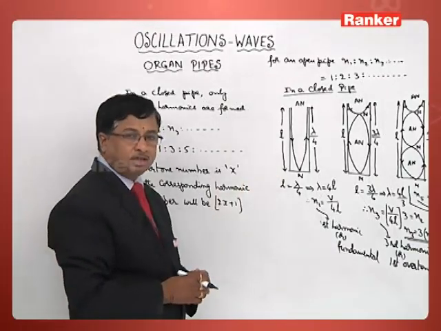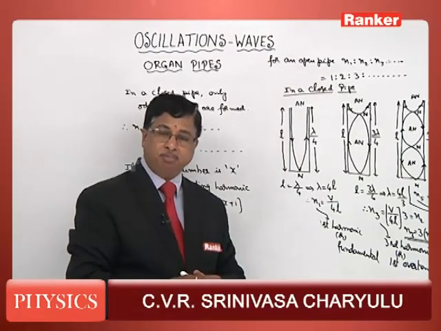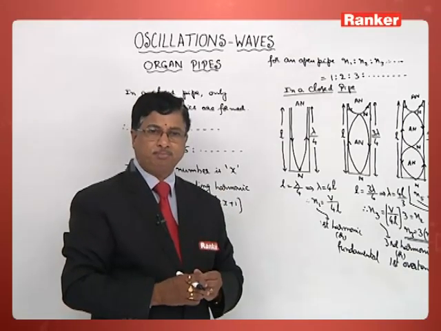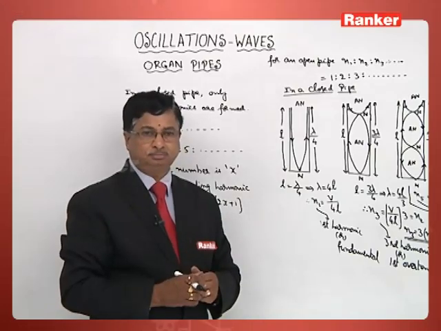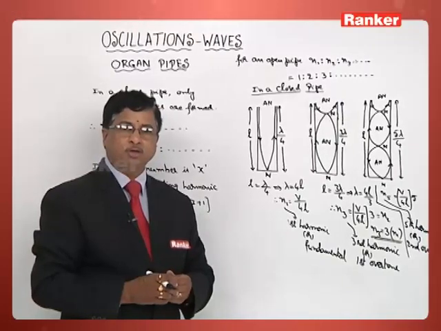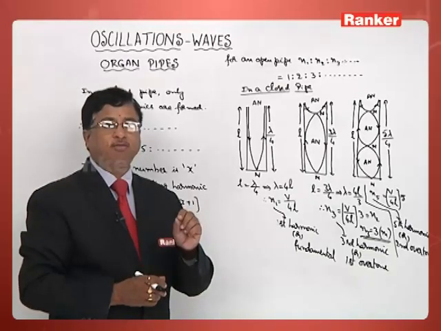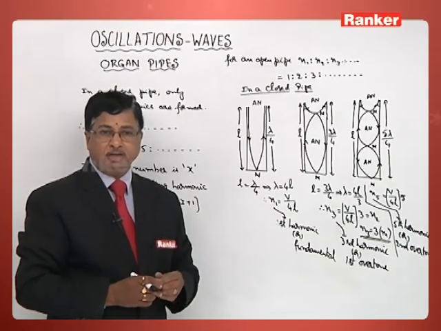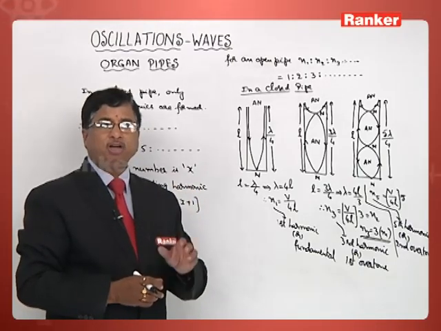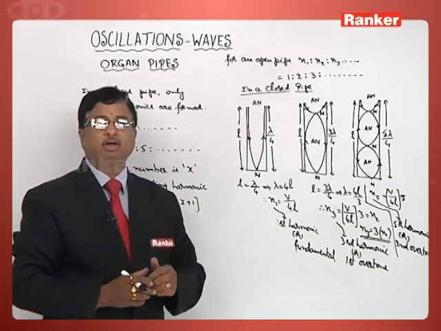Just based on the concept of closed organ pipes and harmonic formation in them, they have constructed an apparatus called the resonating air column apparatus, by means of which one can determine the speed of sound in air at laboratory temperature. What is the experiment corresponding to that? That's what we are going to take up now.